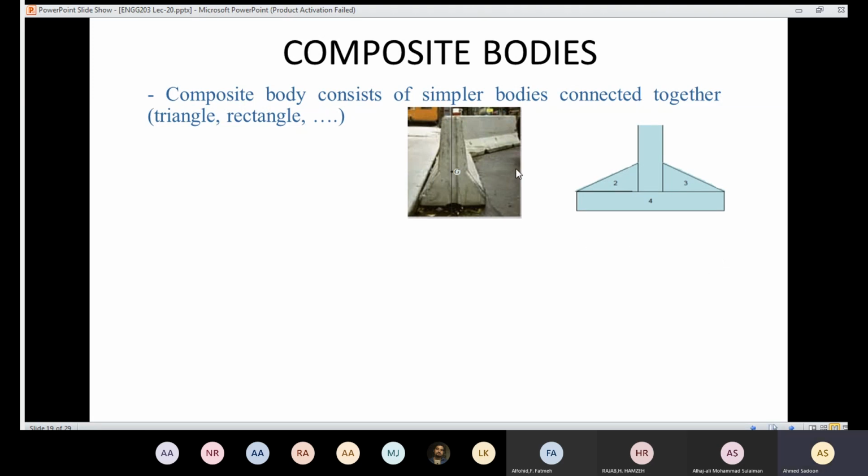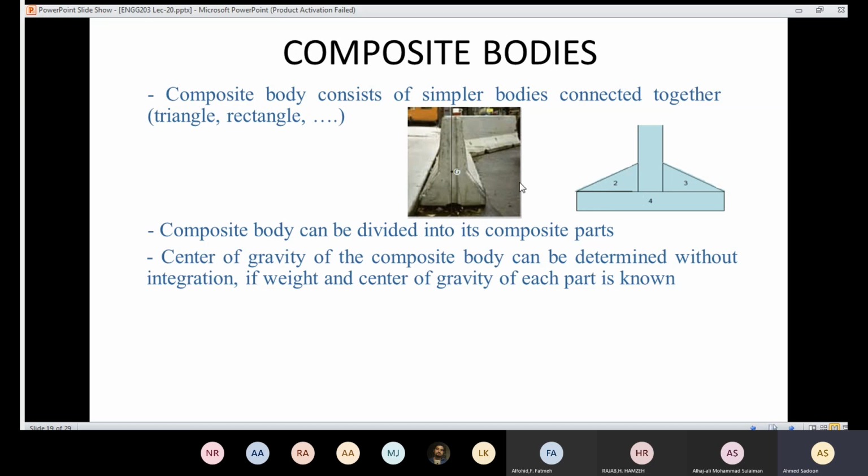So a composite body can be divided into its composite parts. Like that, here we have 1, 2, 3, and 4 parts.